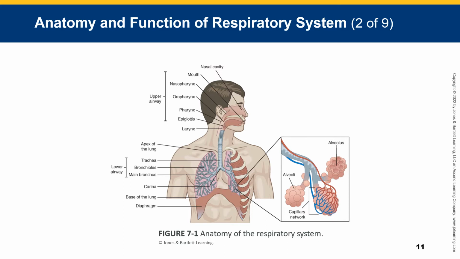The easy way to remember them is the oropharynx, or the mouth. The mouth is the oral opening. So if you remember that, you'll remember that the mouth is the oropharynx. The nose, the nasopharynx: if you think about your nose or nasal passages, that will help you remember the proper term, nasopharynx.